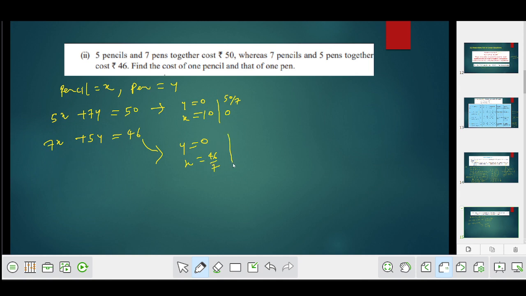And if x equal to 0, we can get y equal to 46 by 5. Okay.